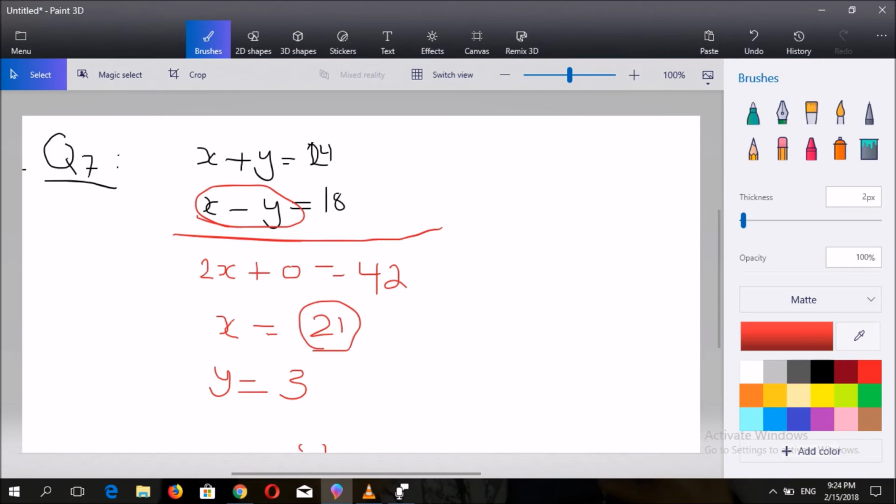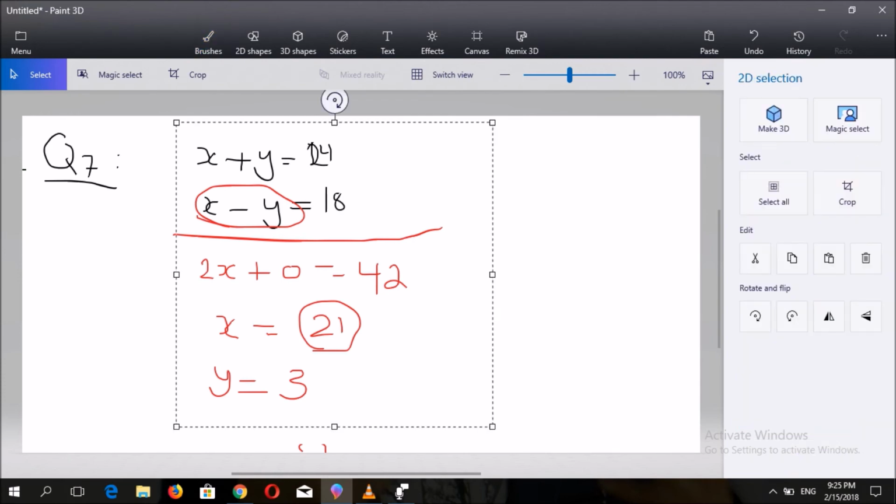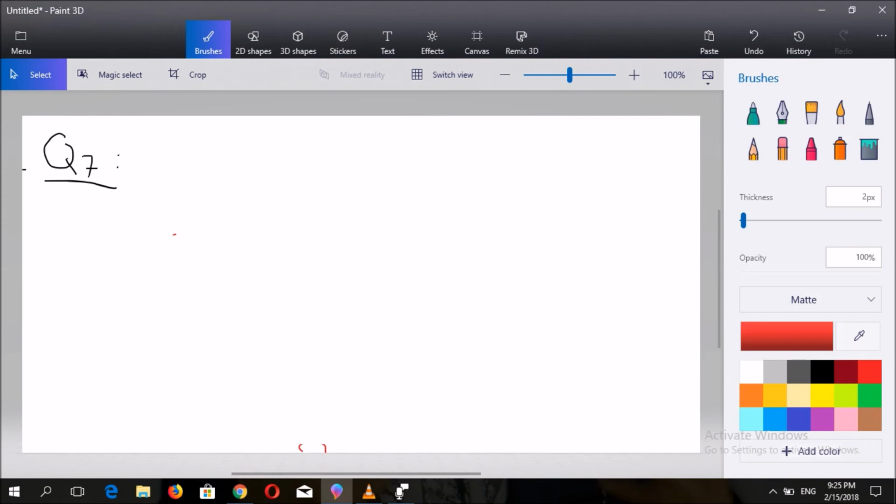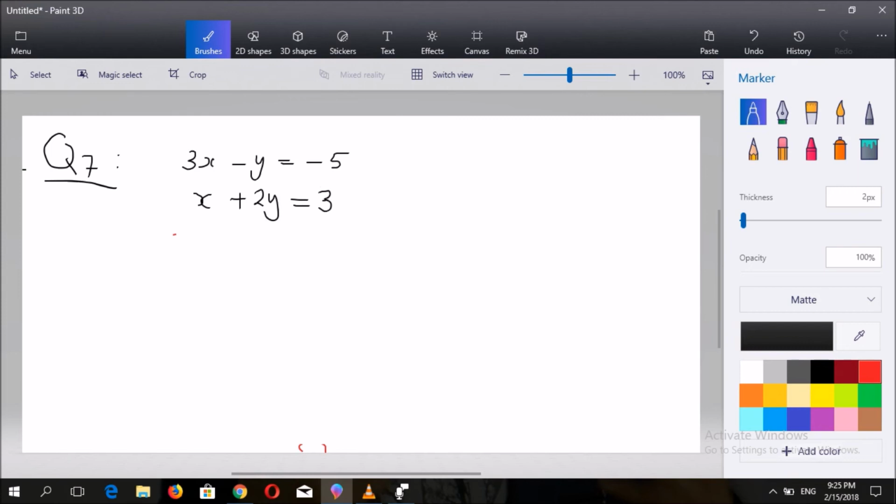Alright, now question number 6. Suppose that the equation which you are asked to solve is given in this form: (x plus 6) multiplied by (2x minus 1) is equal to 0.